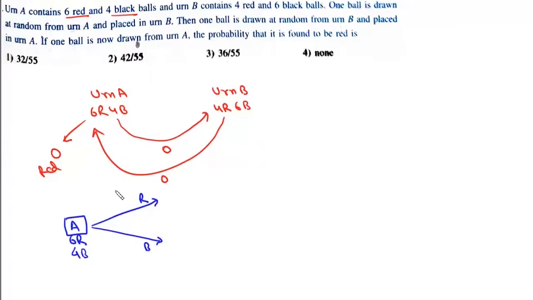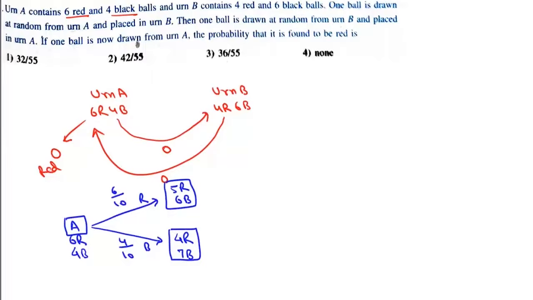Now the probability that it is red is given by 6 by 10, and it is black with the probability 4 by 10. Now if it is red, in urn B we have 5 red and 6 black. And if it is black, we now have 4 red and 7 black in B. So this is the position of B after the first transfer.